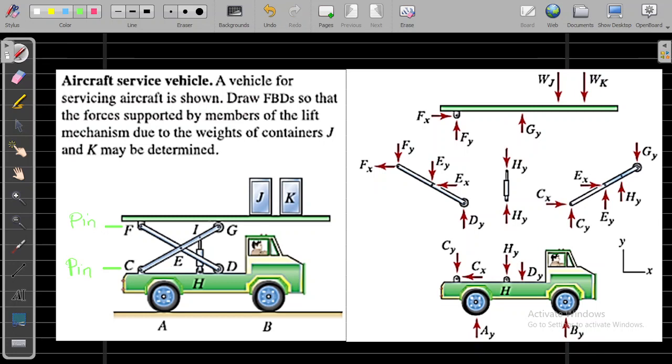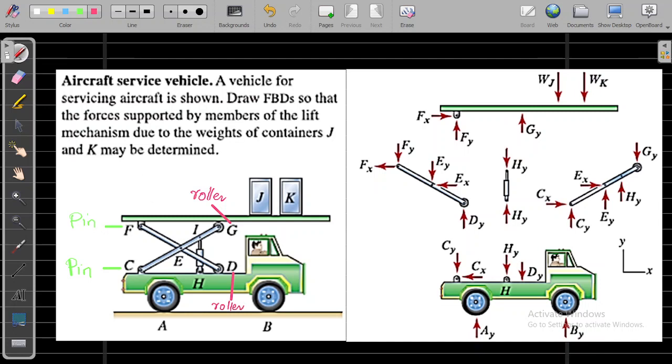Okay, and what is happening here? At point G and at point D, you have a roller. You have a roller. At D also you have a roller.